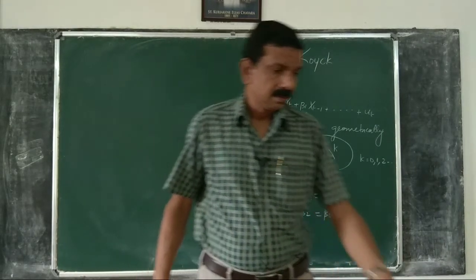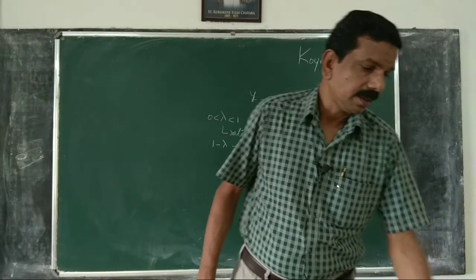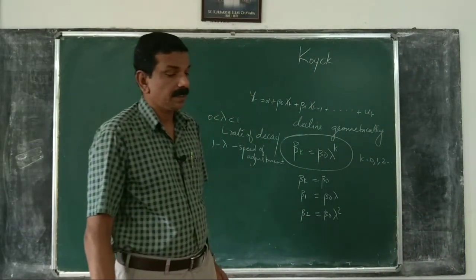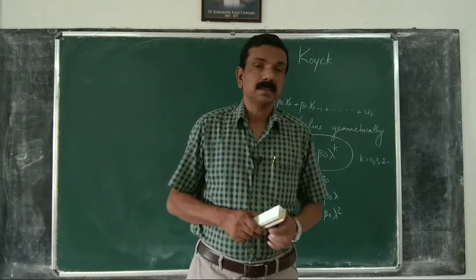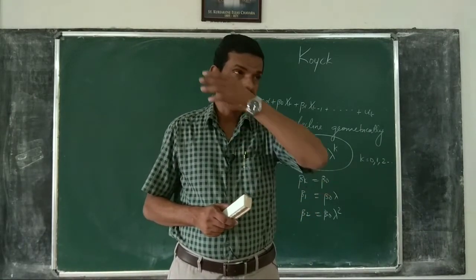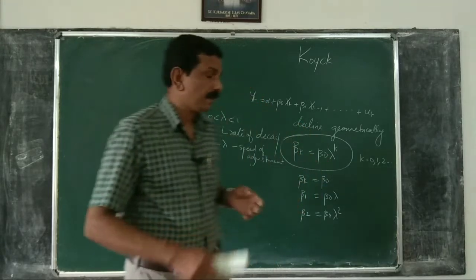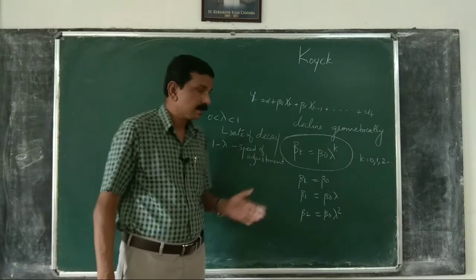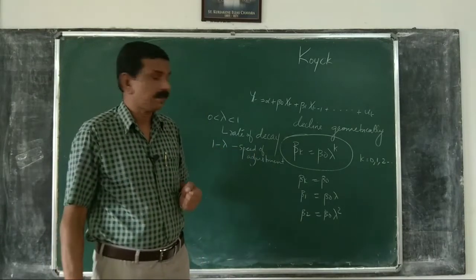What it says is, if the value of lambda is very high, speed of adjustment is slow. If the value of lambda is low, that means 1 minus lambda is very high, speed of adjustment is quick. That we will explain with the help of an example.